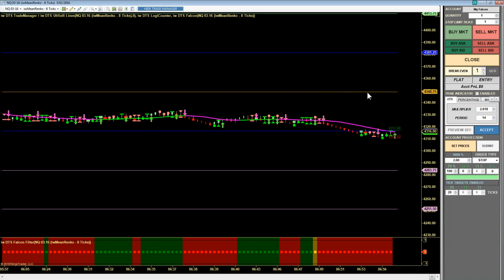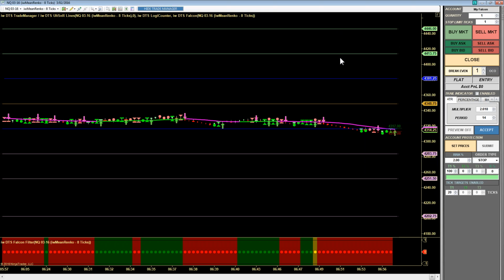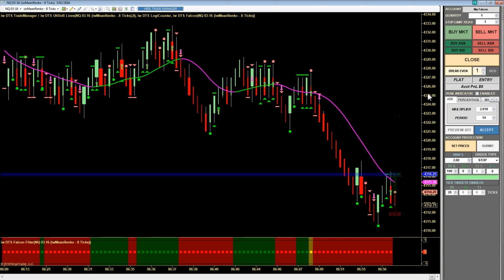So we've got the gold line here, that's the median line. Then above it, we have primary resistance and primary support. These three tend to be the most influential lines for the session. If the market is below here, it tends to remain bearish. If it is above, it tends to remain bullish. And then we get our secondary support and resistance lines where we anticipate the market to find support and resistance.